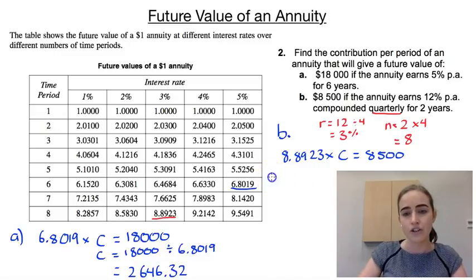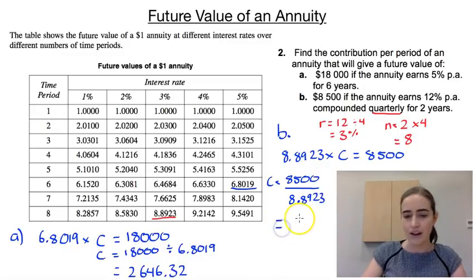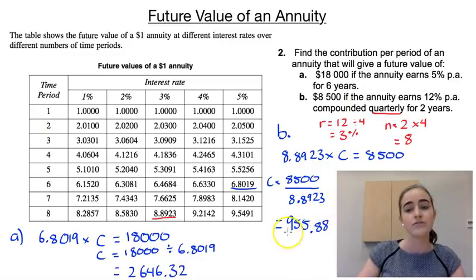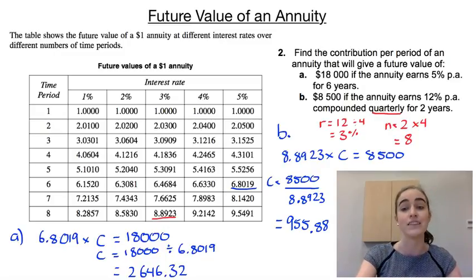So then to find our contribution, we're going to have our $8,500 divided by that 8.8923, which will end up giving us $955.88. So we need to invest this much per quarter for 2 years to end up with a future value of $8,500. All right, so it's just a few examples of the future value of an annuity.